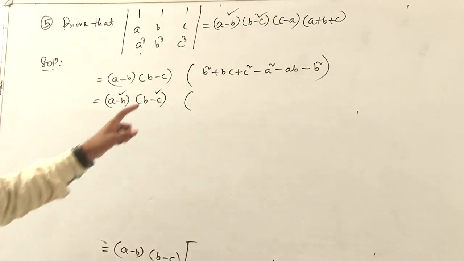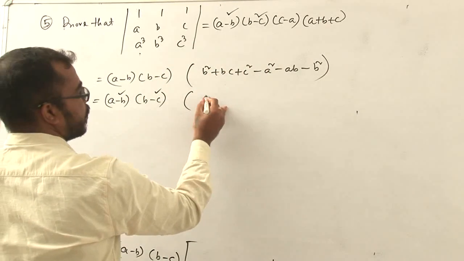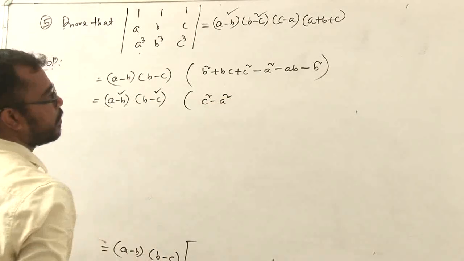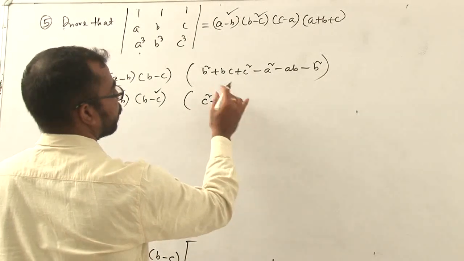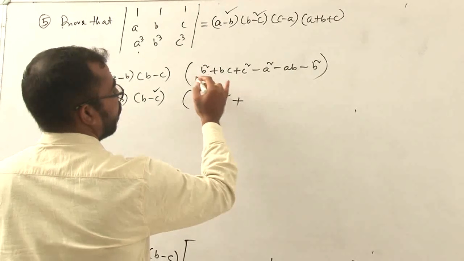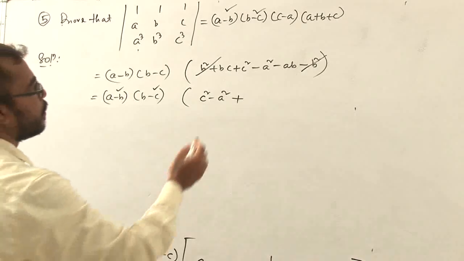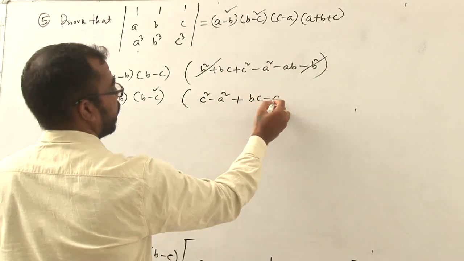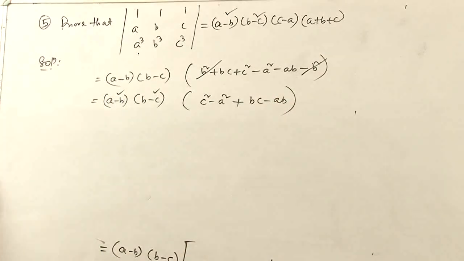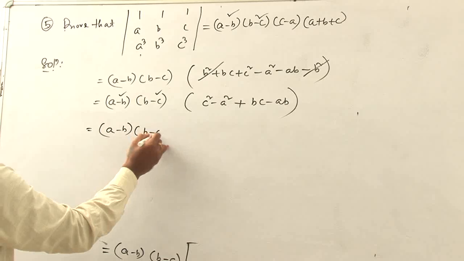So here is C squared minus A squared in the first, and the remaining part is BC minus AB. Now you can cancel B squared and minus B squared also. So here B squared minus C squared... and then BC minus AB. Okay. So here A minus B into B minus C.